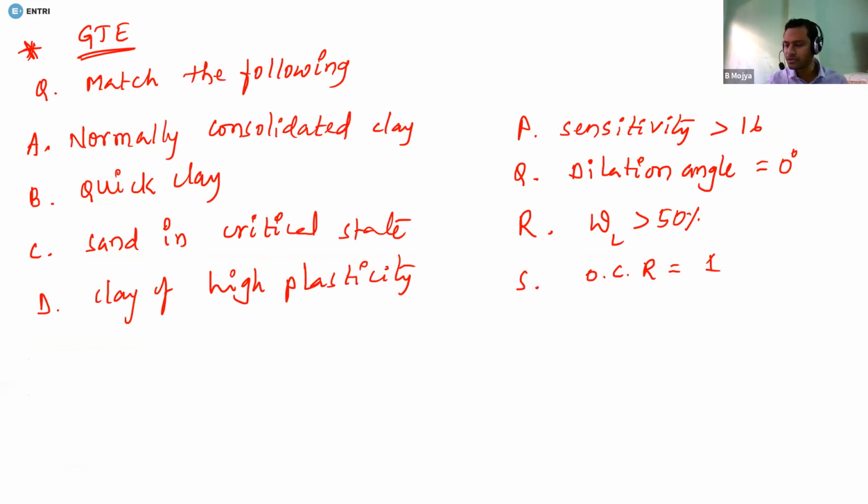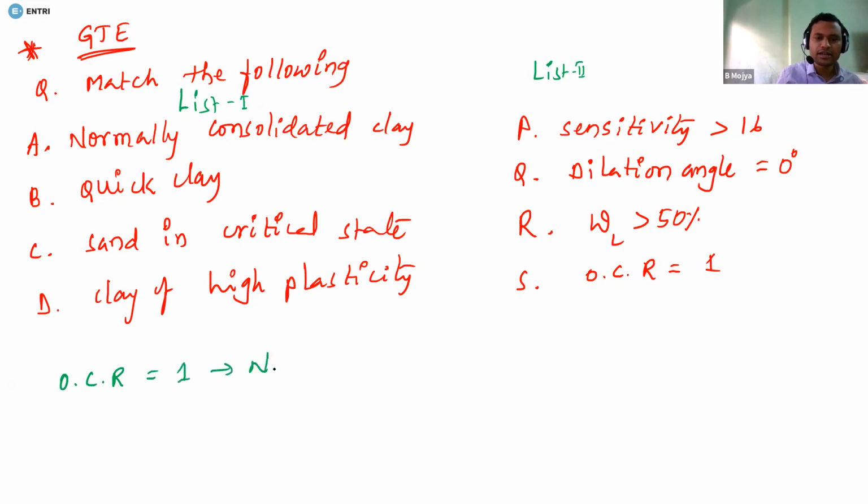You have to match list 1 with list 2. You know that for normally consolidated clay, called NC clay, the OCR ratio is equal to 1.